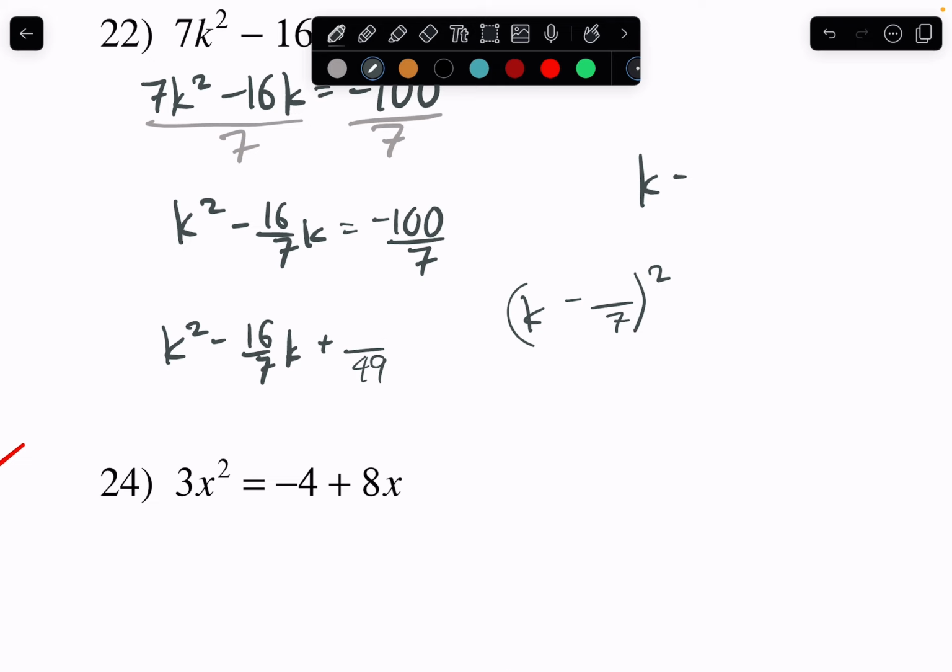But no, it's not gonna be a perfect square. Negative 4. How about 16? No. 64.